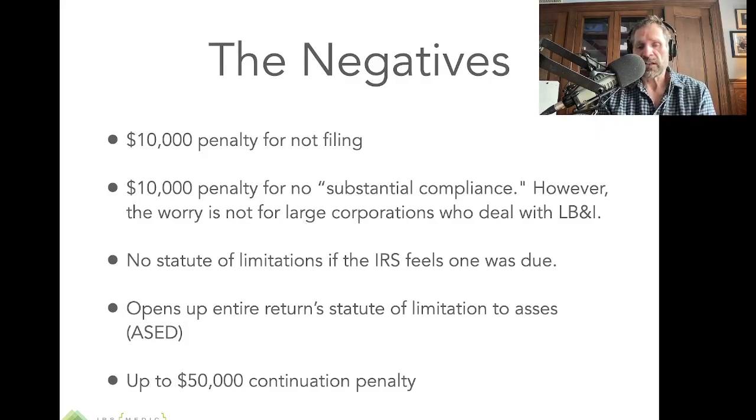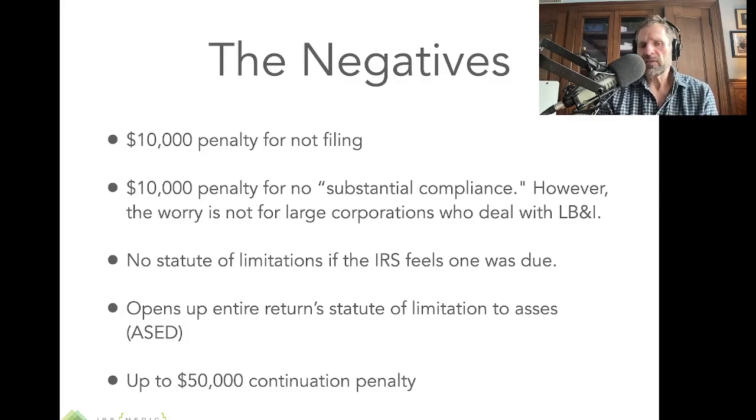They're completely wrong on the law every which way, but there it was. They assessed the penalty, and unfortunately, he did not know how to appeal, so the penalty was complete. Now, we worked out the case in a different way, but it really could have been unhappy if we didn't get that when we did. So it's something to be aware of: if the IRS feels one is due, you actually might not be due one.